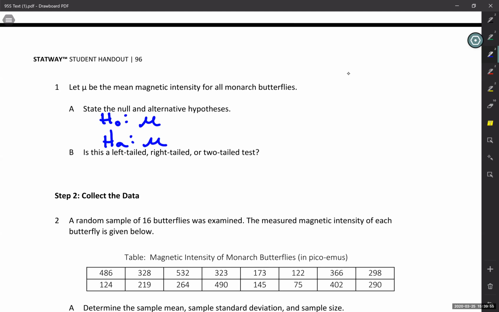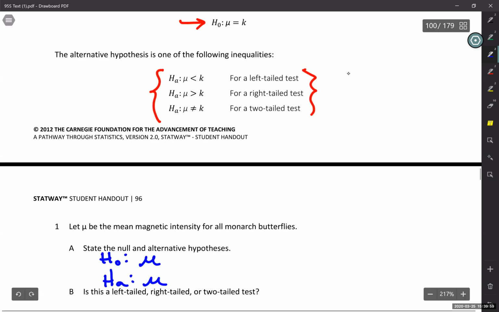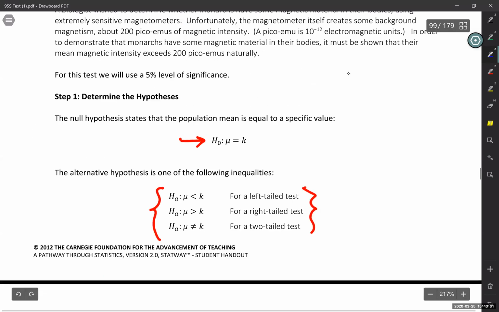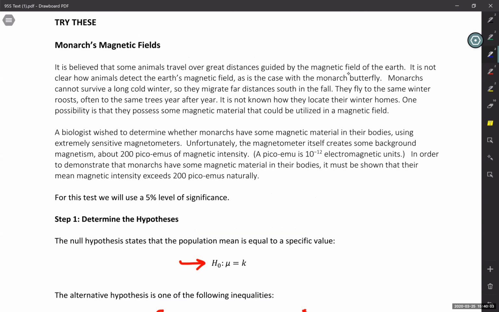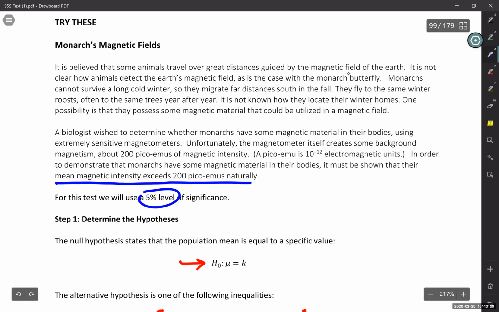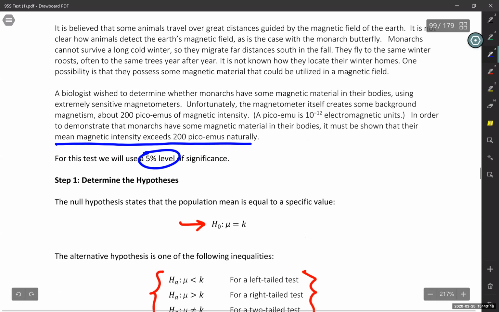Let's go back to the words real quick. It says it must be shown that their mean magnetic intensity exceeds 200. This will come up in a little bit too, so I'll circle that. It exceeds 200, so exceeds is greater than.